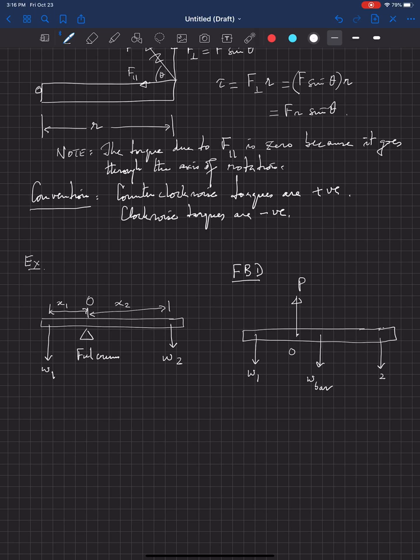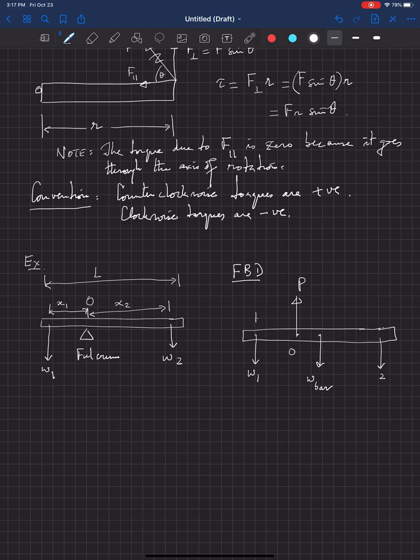Okay, and if I know the length of the bar, suppose the length of the bar is L, then I know that the weight of the bar can be assumed to be concentrated at the center of the bar. So let's now write down all the distances involved out here.